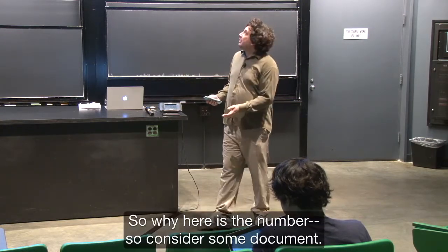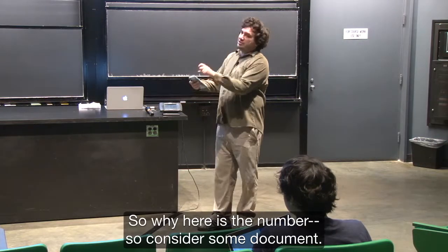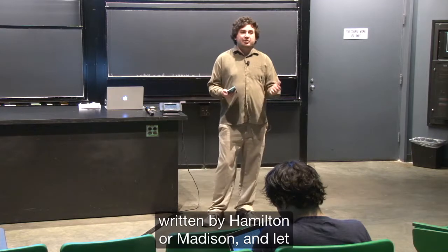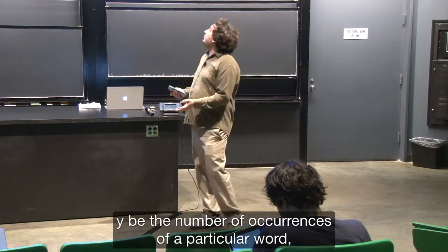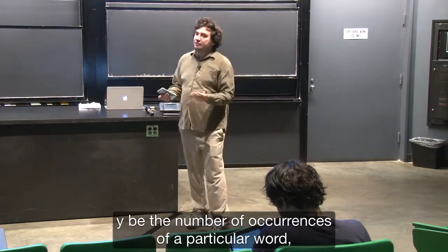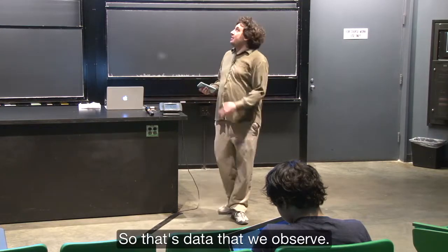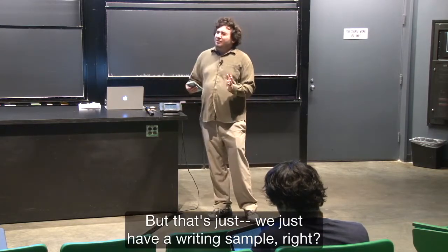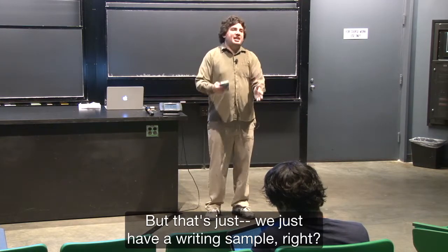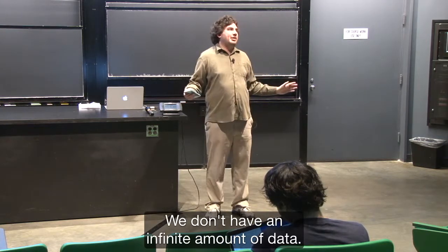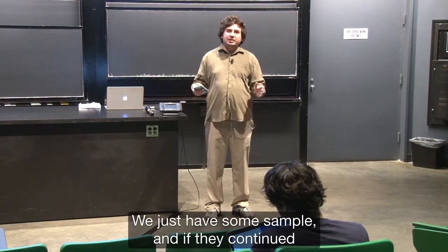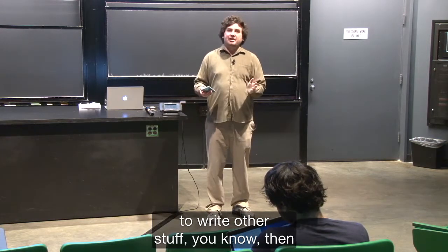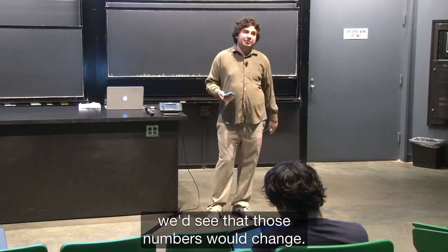So y here is the number; consider some document. You're trying to determine whether this document was written by Hamilton or Madison, and let y be the number of occurrences of a particular word, for example, "upon". That's data that we observe. But we just have a writing sample, right? We don't have an infinite amount of data. If they continued to write other stuff, those numbers would change.